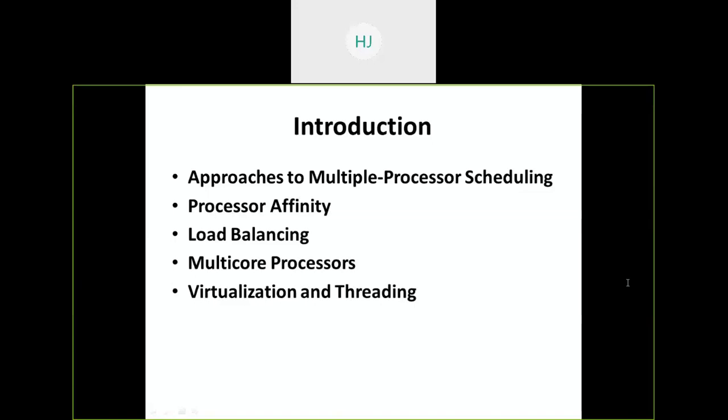In such cases, the processor can spend up to 50% of its time waiting for the data to become available from memory. To solve this problem, recent hardware designs have implemented multi-threaded processor cores in which two or more hardware threads are assigned to each core. Therefore, if one thread stalls while waiting for memory, the core can switch to another.